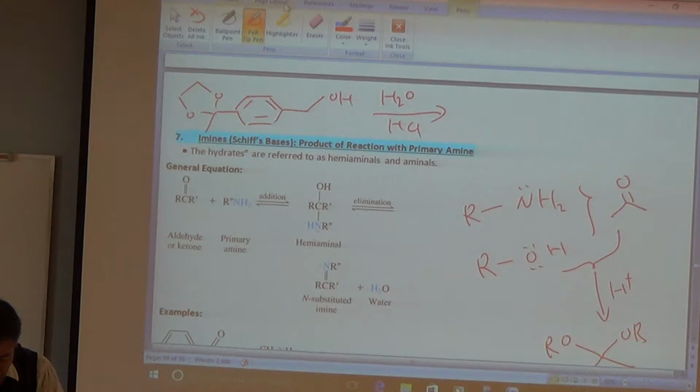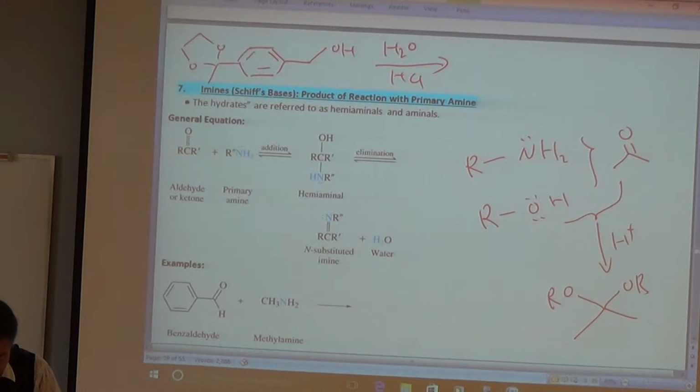imine. So why doesn't it always go on to produce something like an acetal, adding two of those amines?